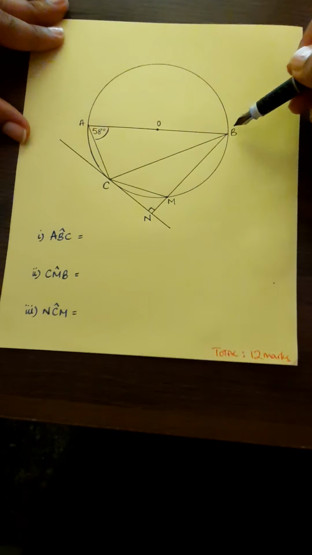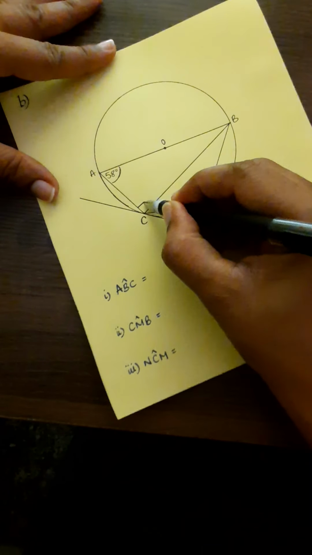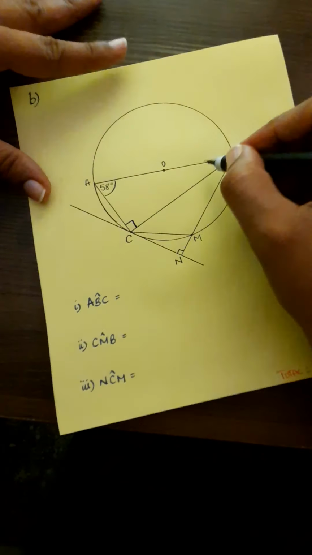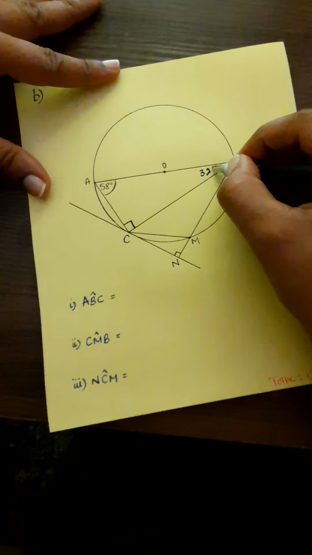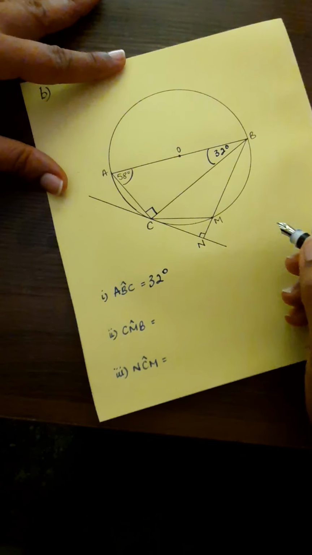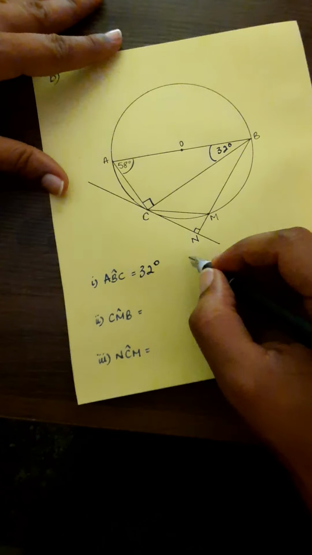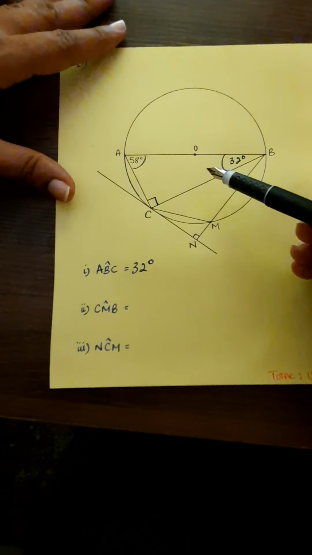AB is obviously the diameter, and any angle subtended by the diameter is 90 degrees, and that means this is 90 minus 58, which will give us 32 degrees. I just put things in, so the reasons are what I said before.